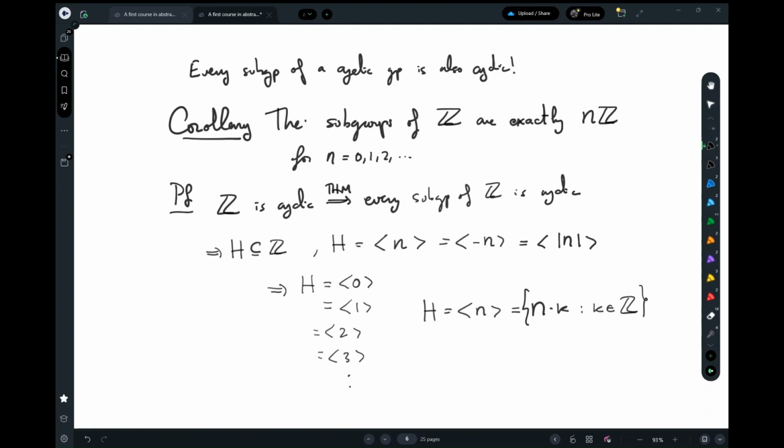So these are all the multiples of n, which we usually denote as n times Z. So this previous result allows me to classify, for example, all the subgroups of the integers, which a priori it was not clear what the subgroups would be.